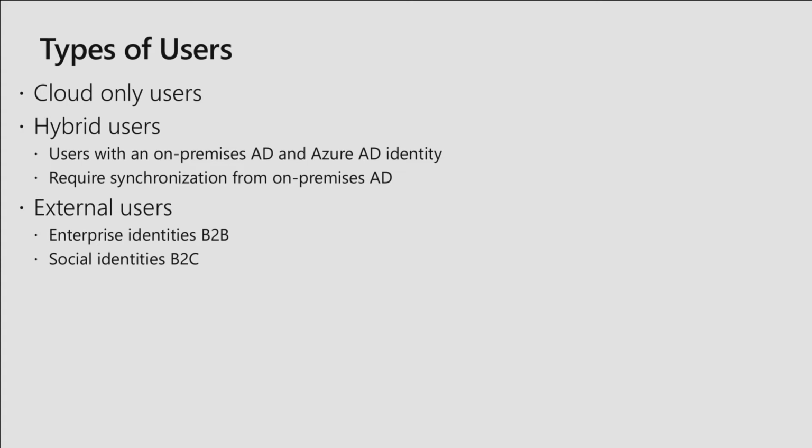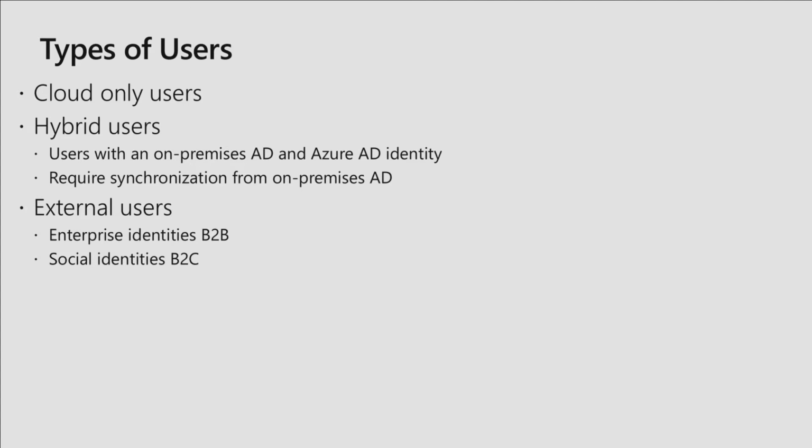And then external users, and here we're talking about enterprise identities, B2B, and this is someone coming from B2B from another Azure directory. But you've probably seen that we've also got the ability to now federate with Gmail, as in a B2B federation with Gmail, and watch the space for additional federations in the near future.